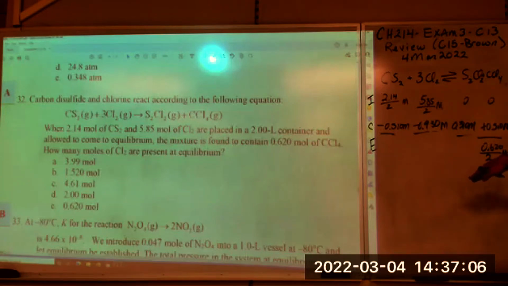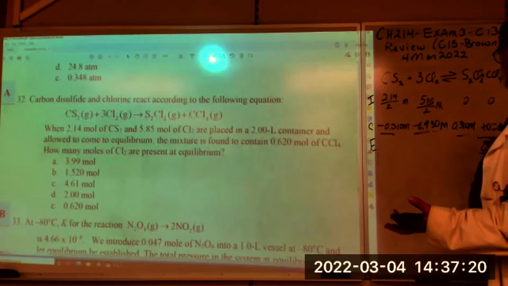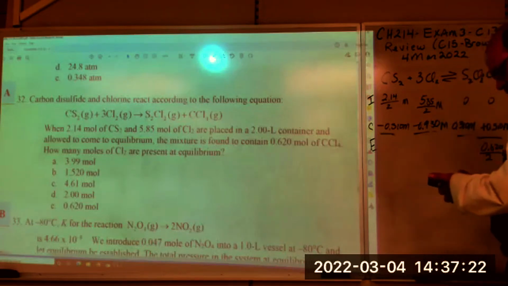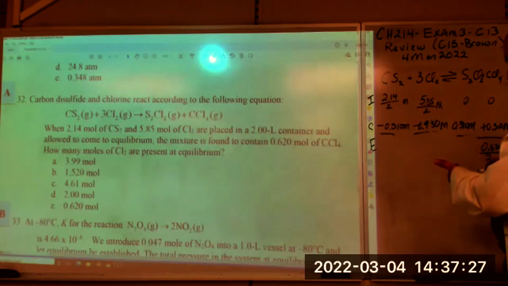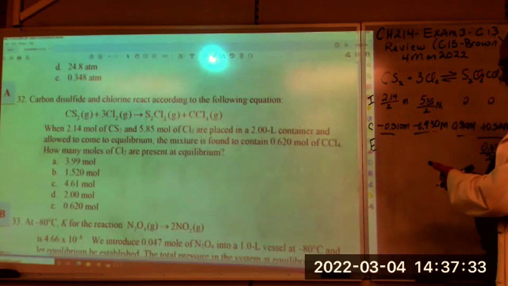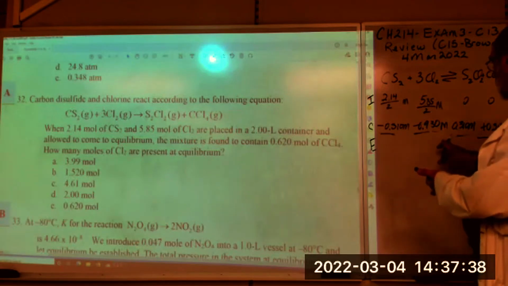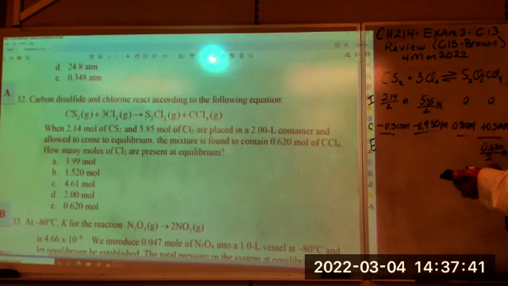2 into 5.85. .925 molar minus 0.930. Okay, so that's molarity, but this is in 2 liters. 3.99?